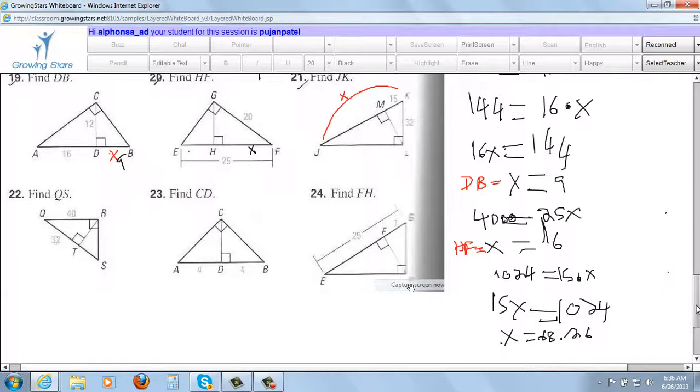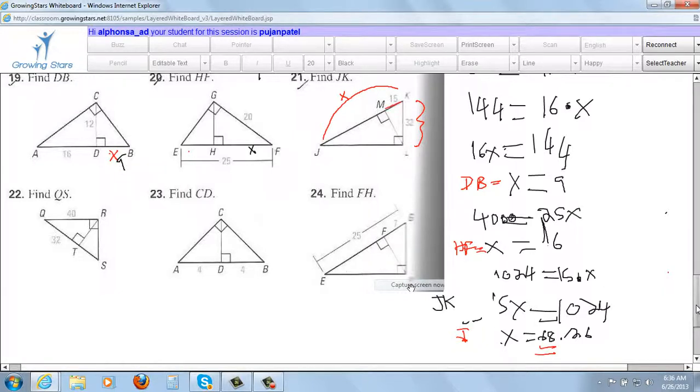JK. How is it 83? Which one? 83.26. I thought it was 68. Look, it's not JM, it's the whole thing. 32 squared is MK times JK.